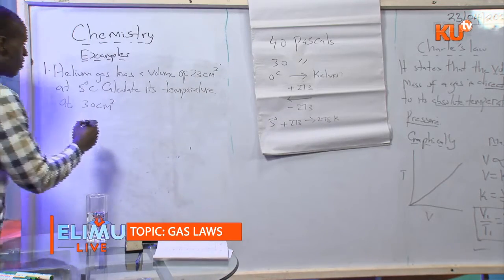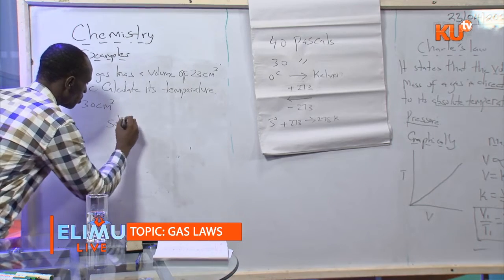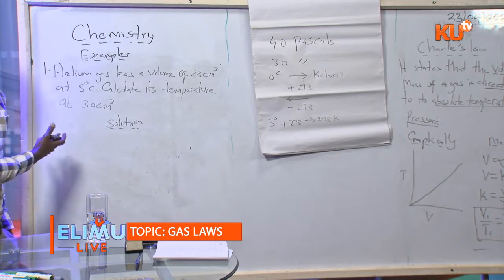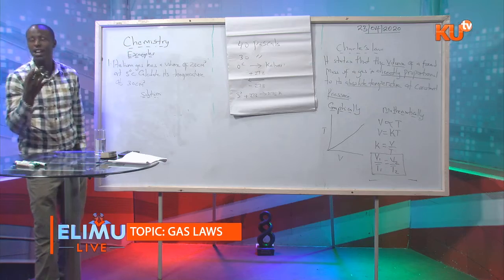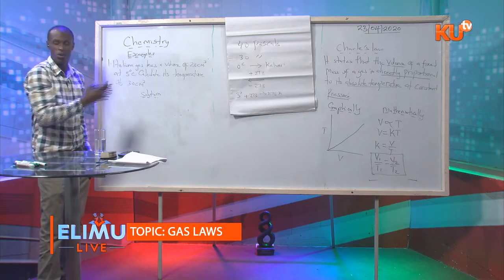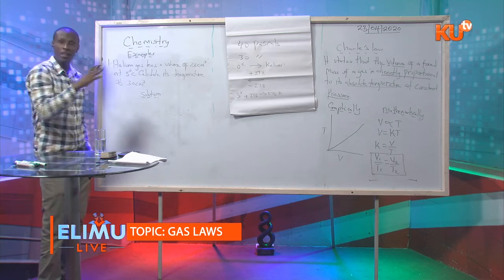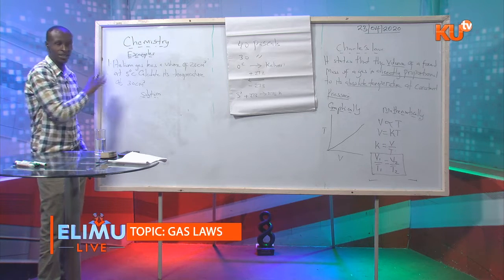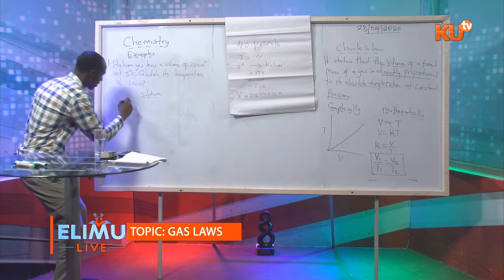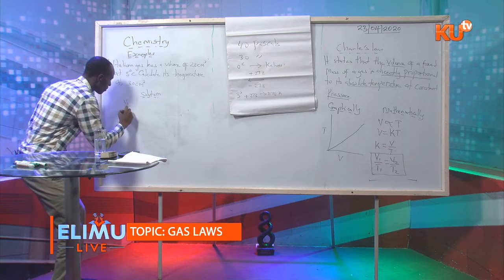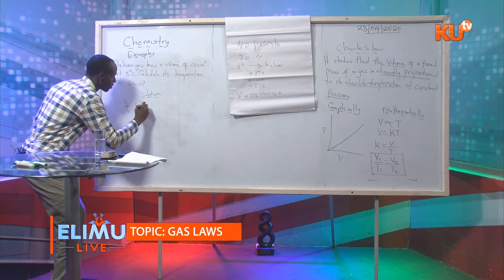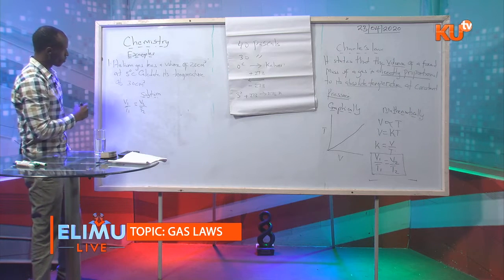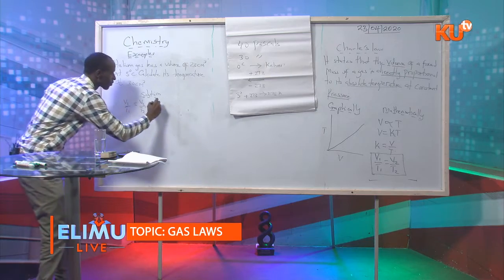So back to our example. Solution. You check what you have been given. If you have not been given pressure, don't involve Boyle's law. If the pressure is held constant, it doesn't change, that automatically means it's Charles' law. So the Charles' law formula: V1 over T1 equals V2 over T2. What's our V1?